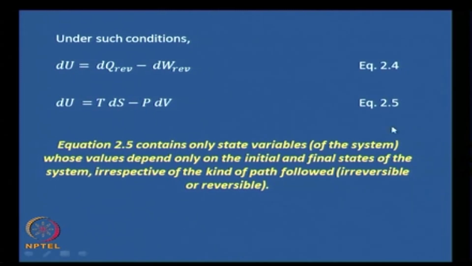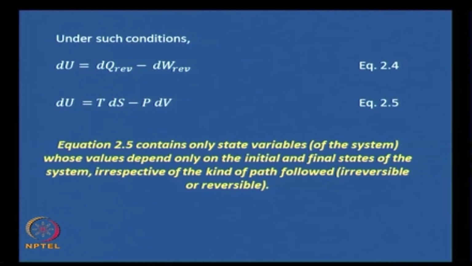If you look at equation 2.5, which is du equals tds minus pdV, it contains all state variables. It contains internal energy, which is a state variable, temperature is of course a state variable, entropy is a state variable, pressure is a state variable, and specific volume is a state variable. And we know that the values of the state variables depend only on the initial and final states of the system in a process.